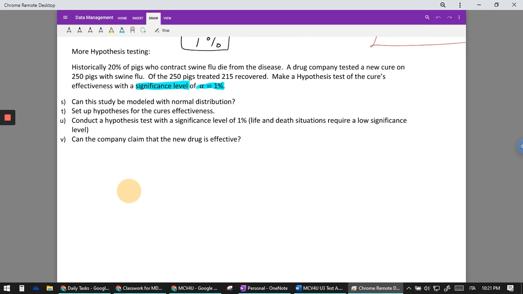Of the 250 pigs, 215 recovered. Make a hypothesis test for the cure's effectiveness with a significance level of alpha equals 1%. Okay, and that's basically what we're looking at here.